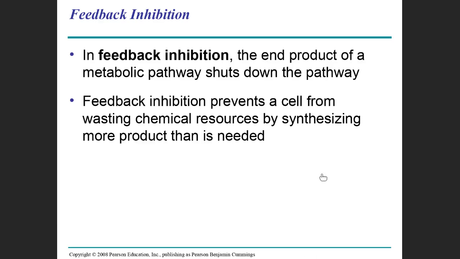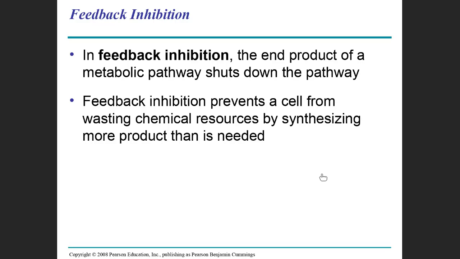Now, feedback inhibition is a mechanism of regulation in order to shut down a metabolic pathway and stop making an end product. Metabolic pathways usually involve multiple enzymes, and so the allosteric enzyme is usually early in the pathway, so that when that enzyme gets shut down, there's nothing for the other enzymes to do.